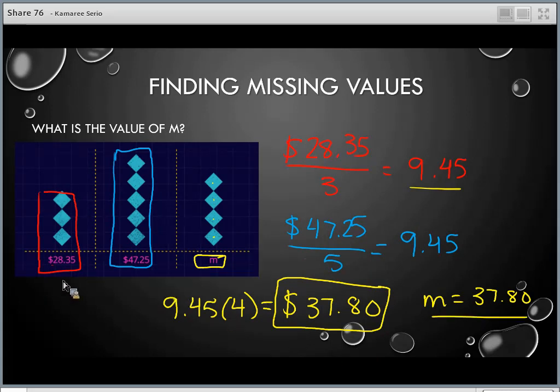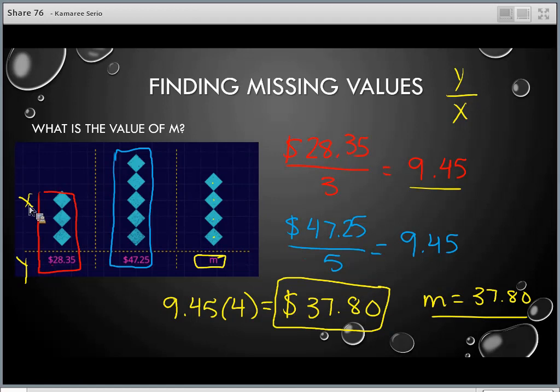Okay, remember, you can take your unit rate and multiply it by your X to get your Y. Okay, so it's important to remember that you have Y over X. Money goes on top, so that means that our money is our Y. So this is our Y, and all these diamonds represent our X.